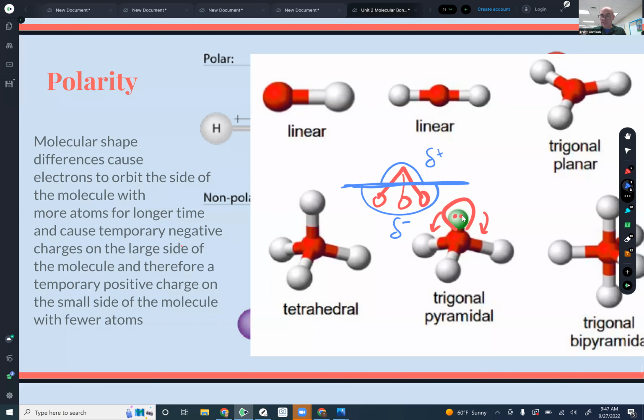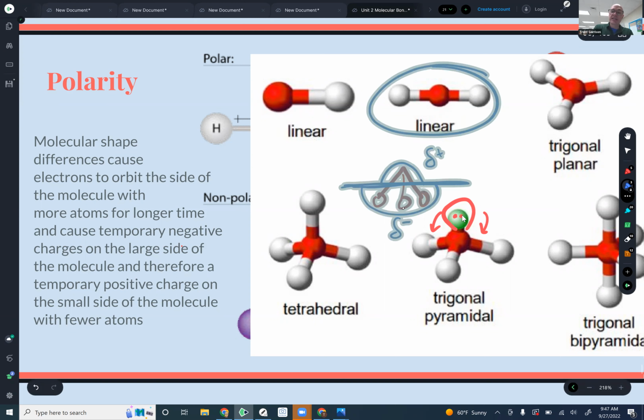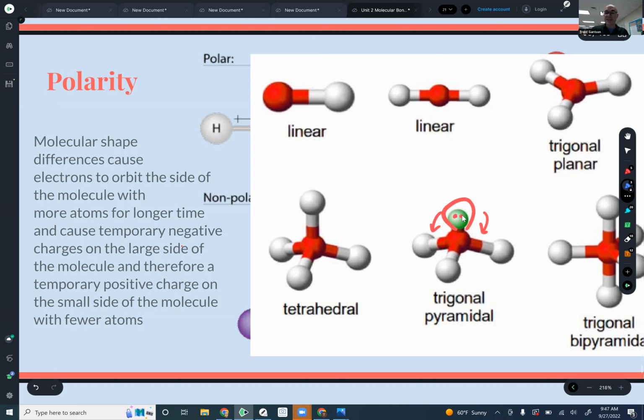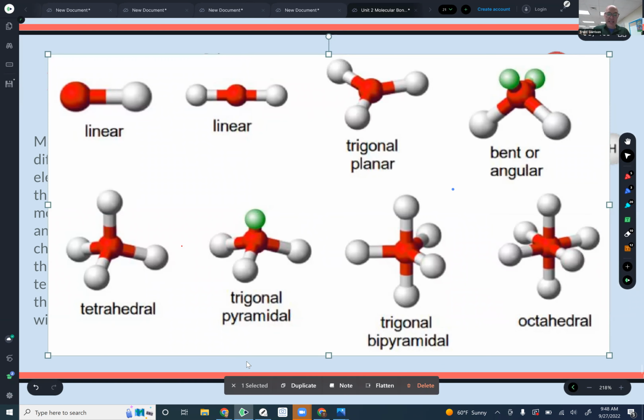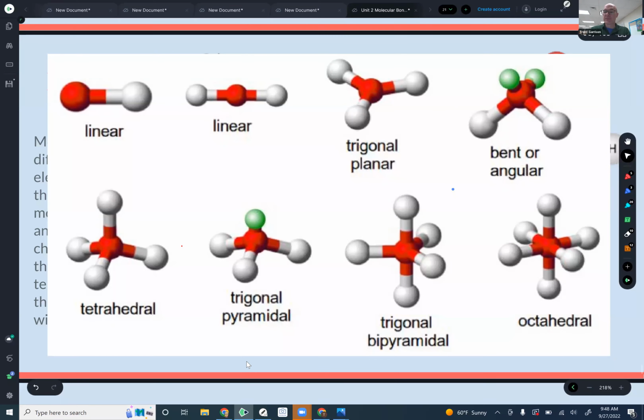If neither of these are the case, if I have linear and all of the atoms seem to be about the same size, you are non-polar. So polarity occurs whenever we have unequal sharing of electrons based on size or based on shape. Now, we need to be able to understand what shapes are polar. So let's move this image over here and we can talk about those.